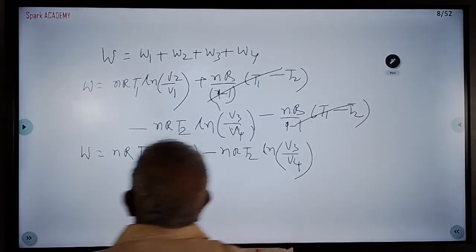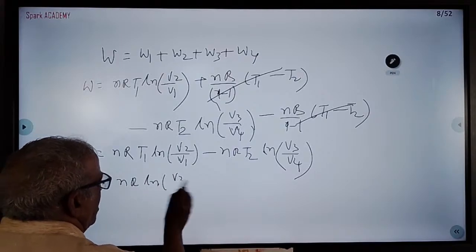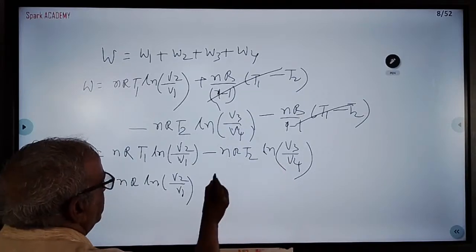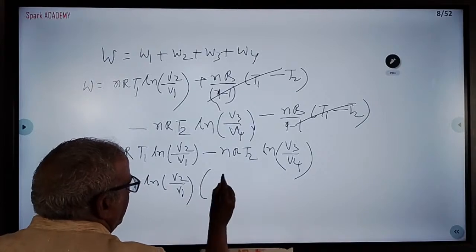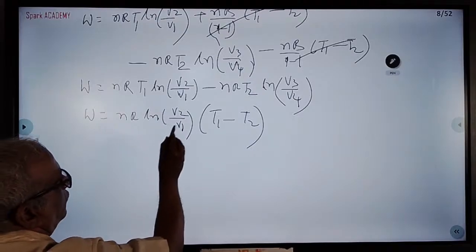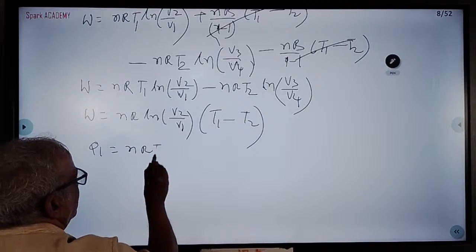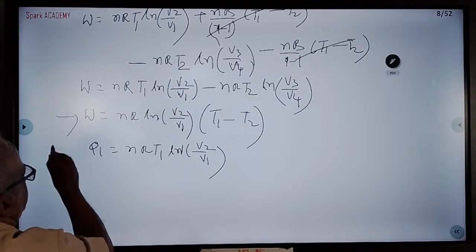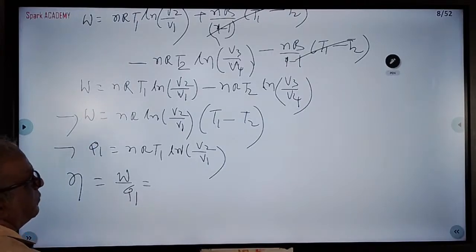So here, work done is nothing but nR ln V2 by V1 common, because V3 by V4 you can write as V2 by V1, into T1 minus T2. This is work done. What is Q1? nRT1 ln V2 by V1. Efficiency is nothing but work done by Q1.